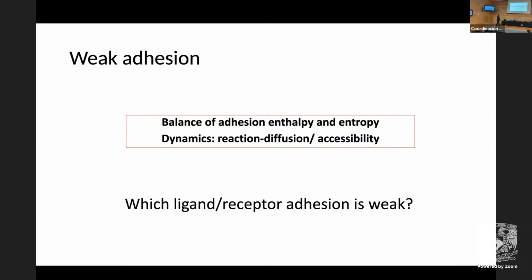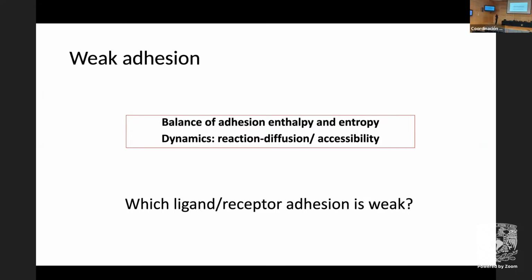It's kind of equivalent. So when the energy gain by forming bonds is very little, then entropy can become very important. Some bonds will say, I don't want to adhere because then I have the freedom to be disordered, because in adhesion you get stuck, you're imposing a kind of order. In this case, the dynamics is determined by how fast these molecules can react when they come together, reaction, and how fast they find each other, diffusion.